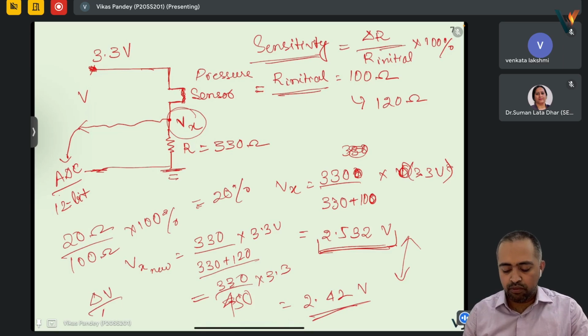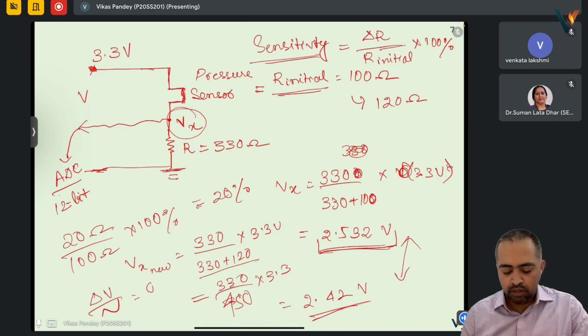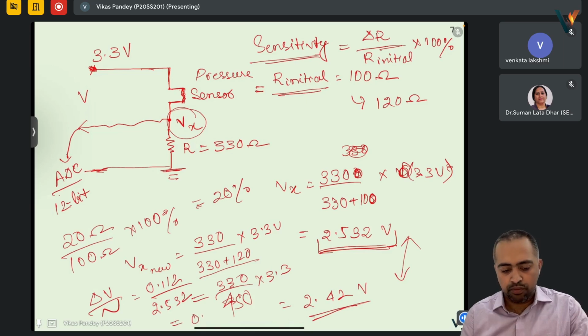Now, if we are talking in terms of voltage, let's calculate delta V upon V. It will be 2.532 minus 2.42, which gives us 0.112, upon the initial voltage 2.532, which equals 0.044.